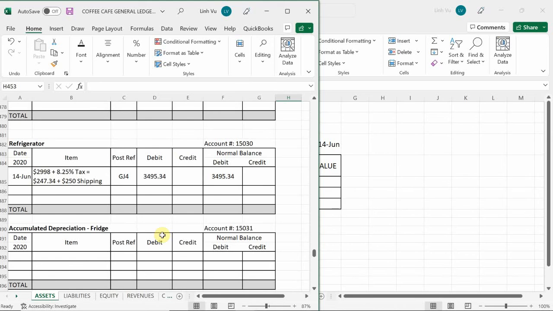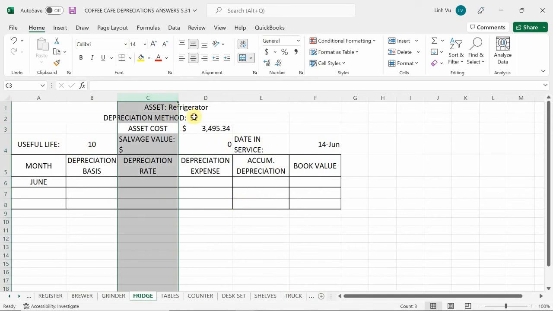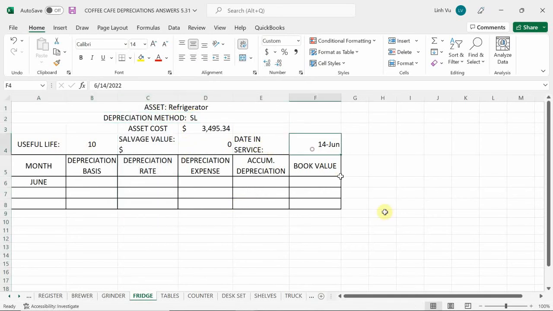It was 34.95. Good. Okay. No residual value, 10 years life, straight line. And when did you place it into service? Oh, I didn't look at that.